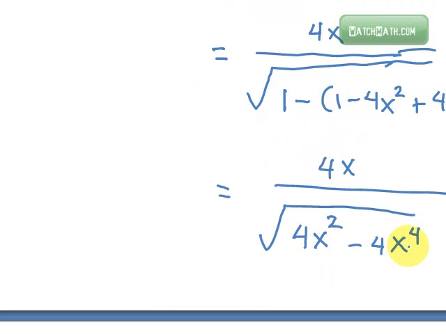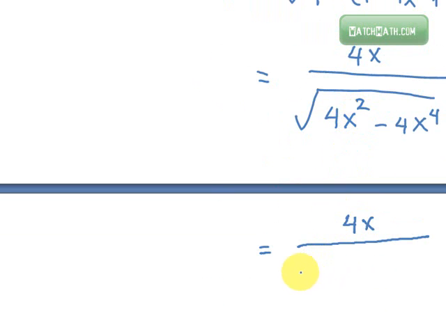Note that this term has x squared as a factor, so we can factor out x squared. Actually, we can factor out 4x squared here.